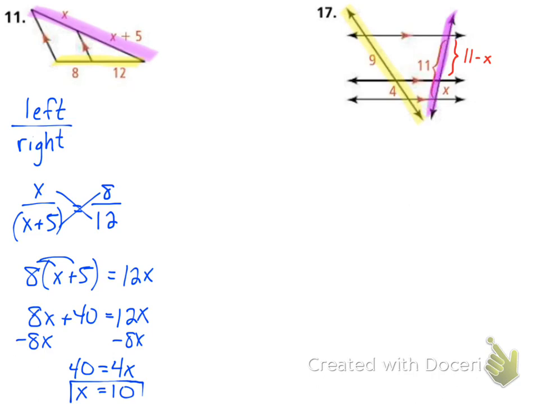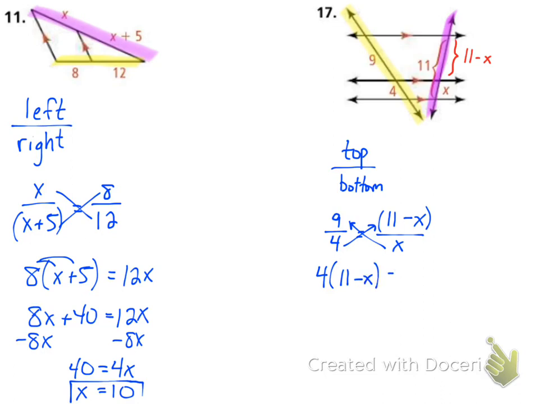And so again, I want to write a proportion with it. With this one, I'm going to go top and bottom. So my piece on the top, I've got of the yellow line, it's 9 over 4, is equal to, on the top I've got 11 minus X over top of X. Again, I can cross multiply, get 4 times 11 minus X is equal to 9X.